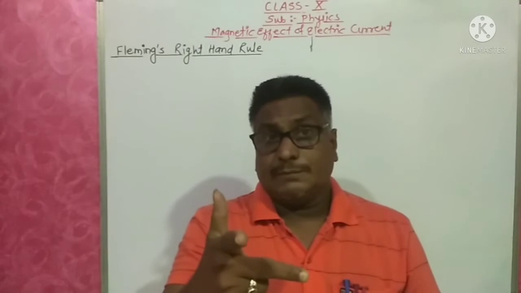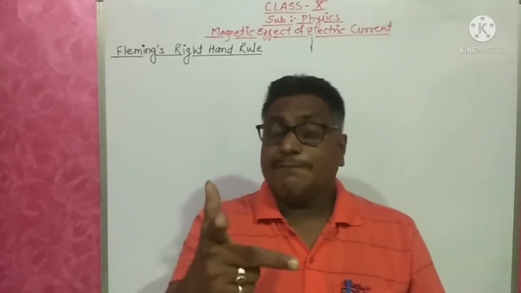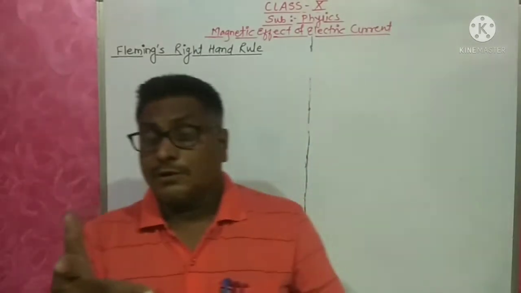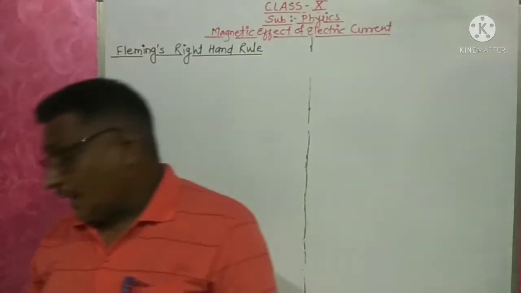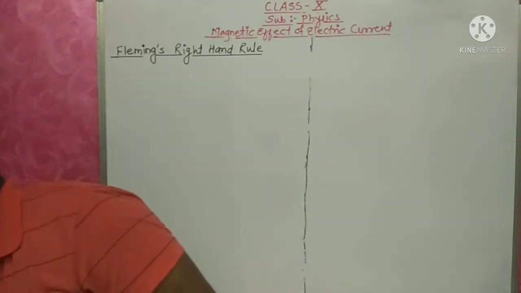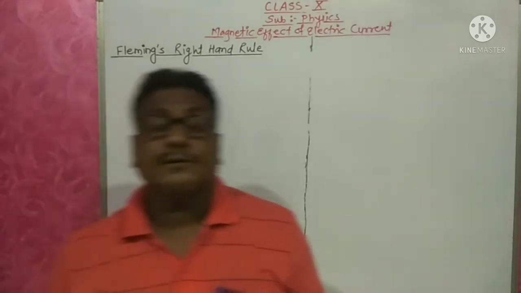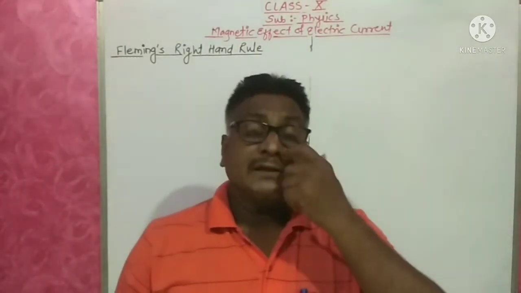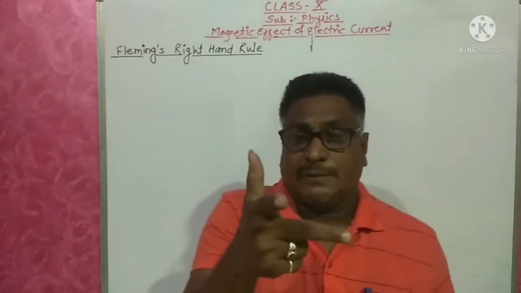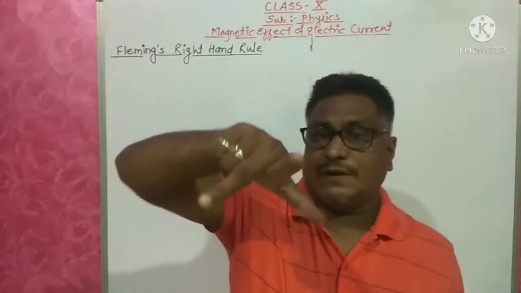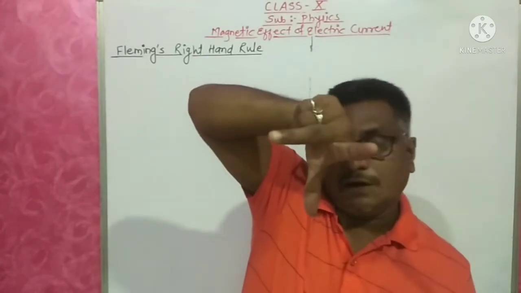So what will it be? If we hold the forefinger, middle finger and thumb in such a way that they are mutually perpendicular to each other, in this way, this way. Understood?